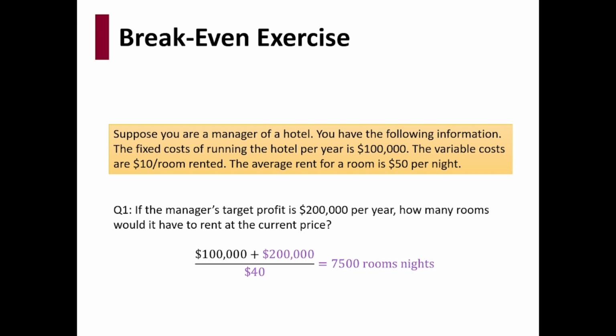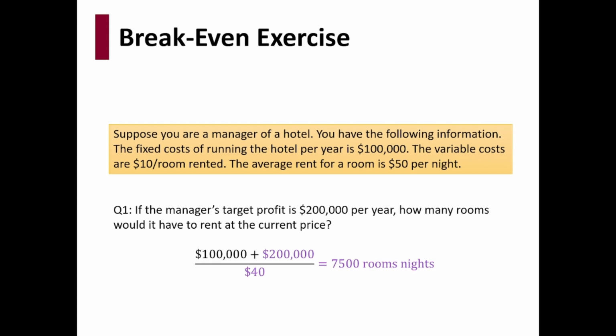So if a company tries to achieve a targeted profit, they can add this targeted profit and calculate back to the necessary units of products that they need to sell.